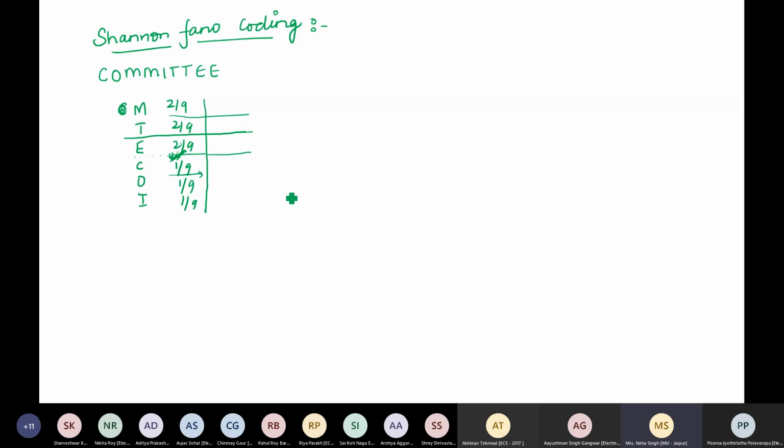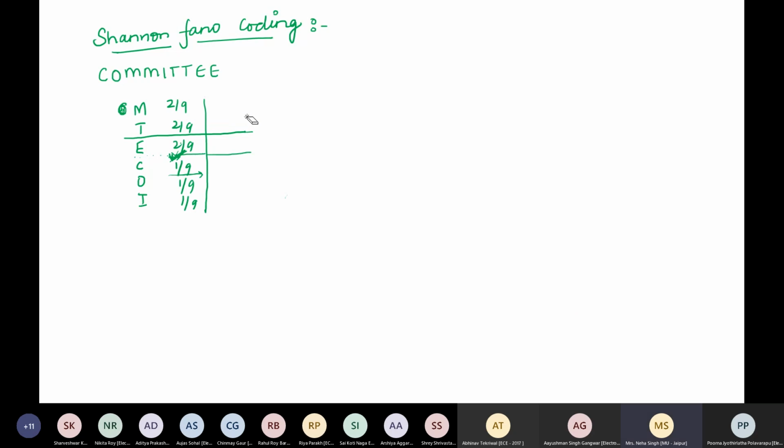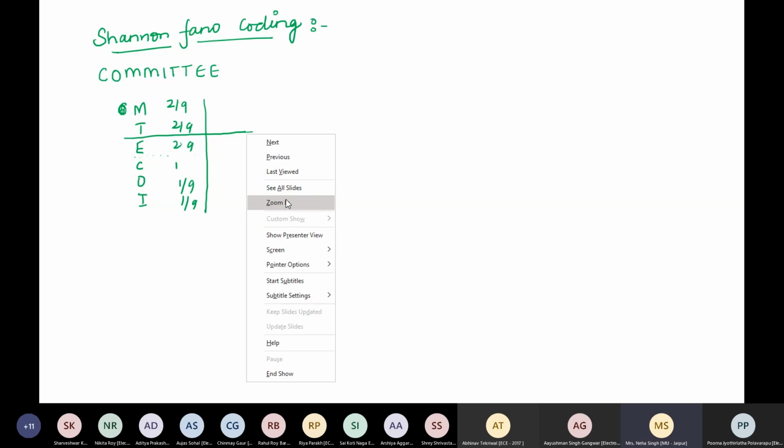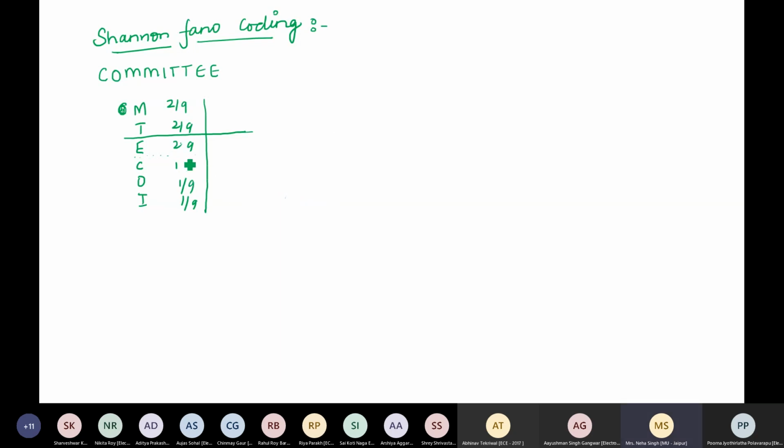So when I say we need to move forward, this means that when I divide this in the first step, I give one class the bit value 0 and the other class the bit value 1.